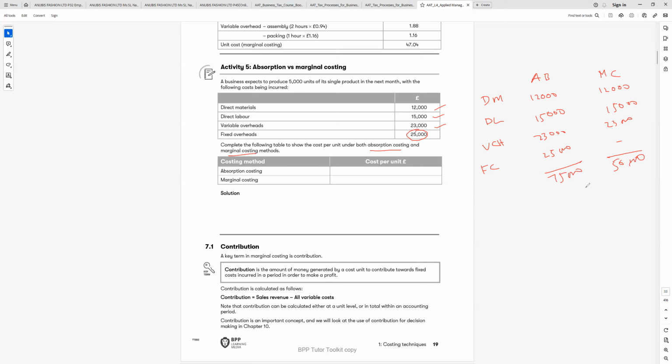Now I need to divide. If we divide by 5,000 unit, so 75,000 divided by 5, it is 15 per unit.